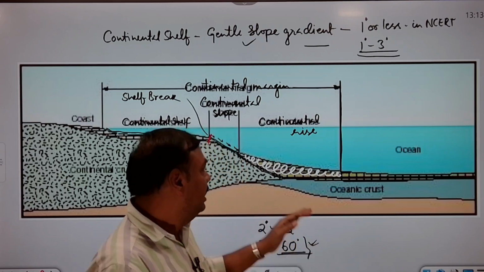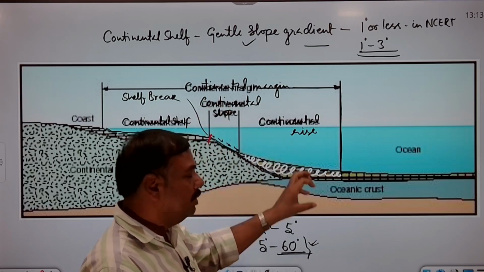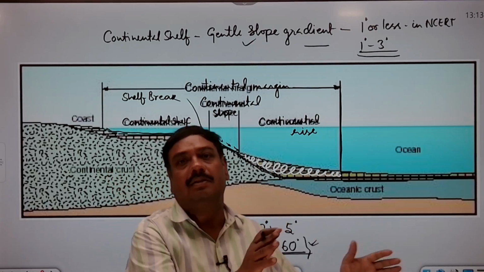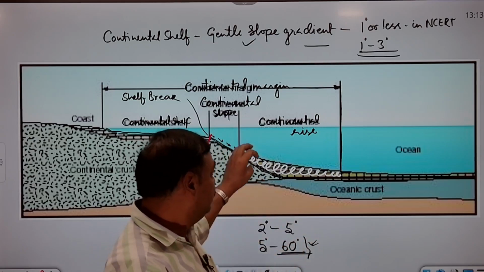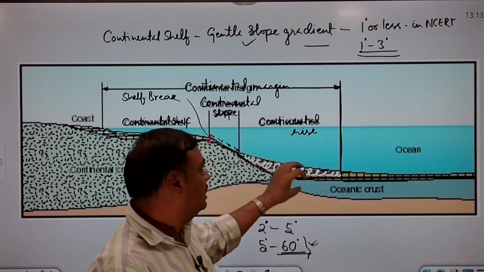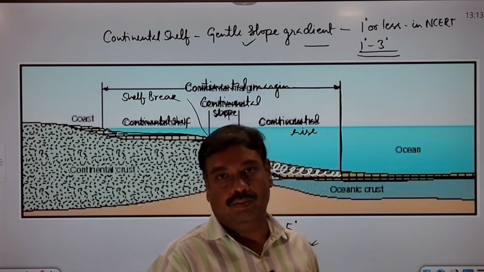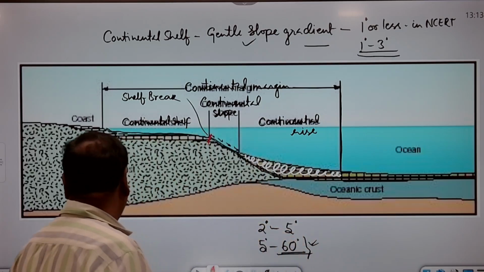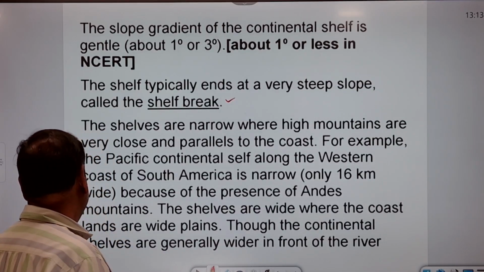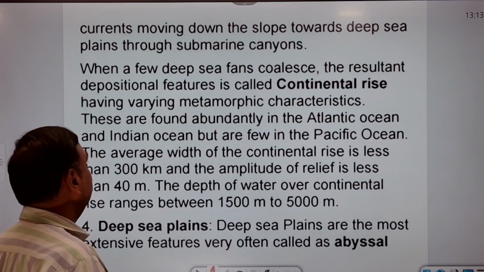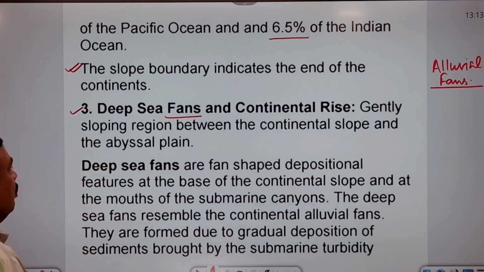So nearby the bottom of the continental slope there is much deposition, as much sediment is going towards the bottom. So deposition of sediment takes place at or nearby the bottom of the continental slope. In that way certain fan-like structures are found, and those are called deep sea fans.